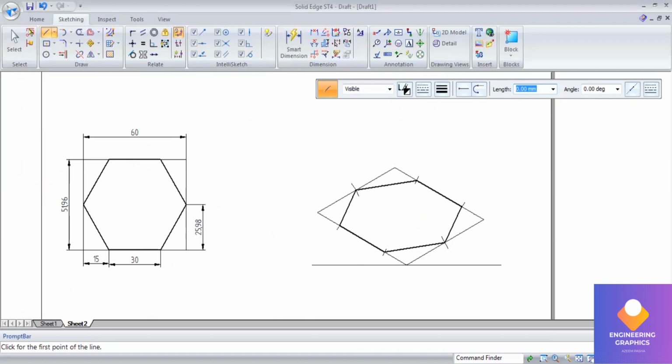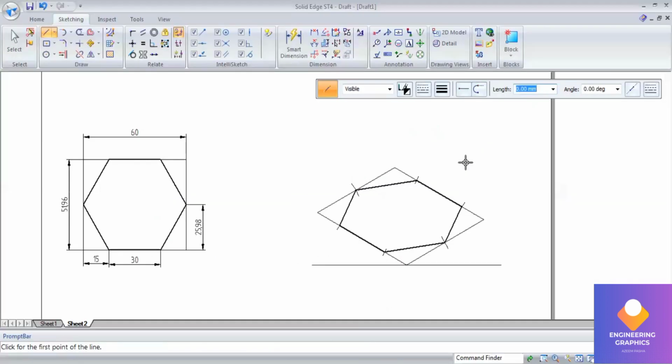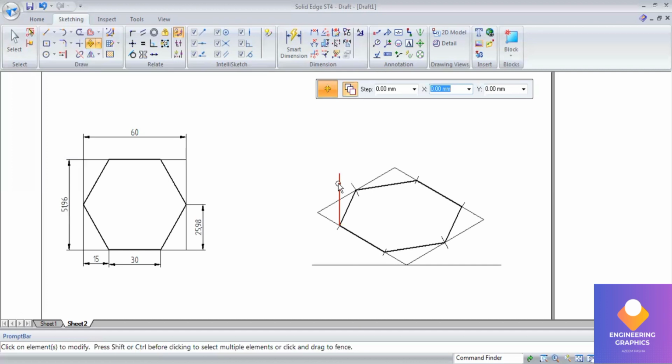Now we have to consider a vertical height of 30 mm. You can see 30 mm length of the axis, so height should be 30. First I will draw the vertical line from one reference end, 30. Go to the move command, with copy.